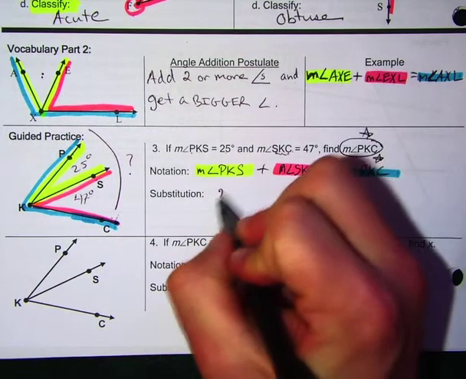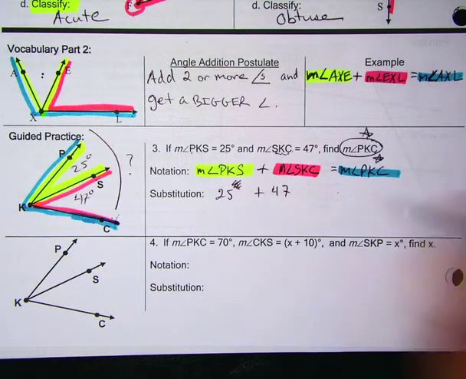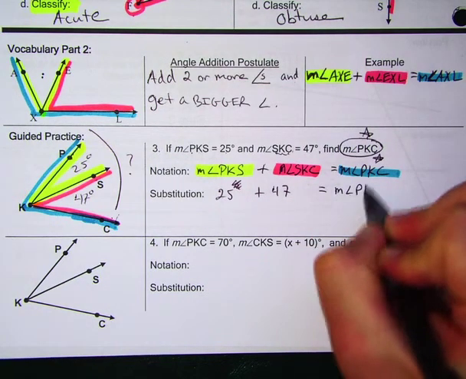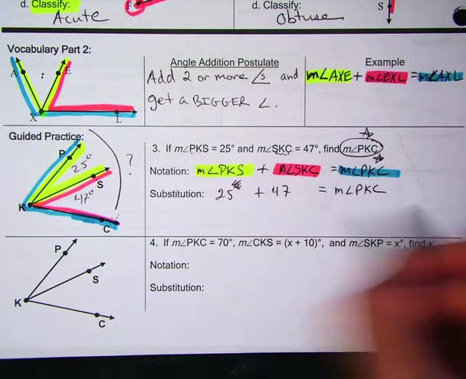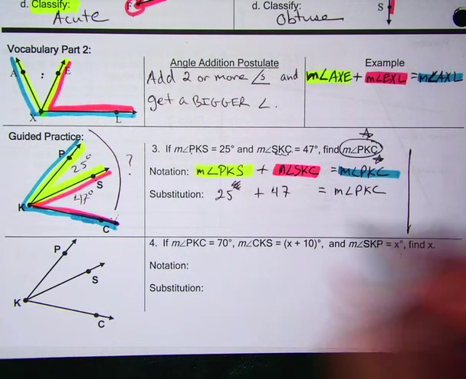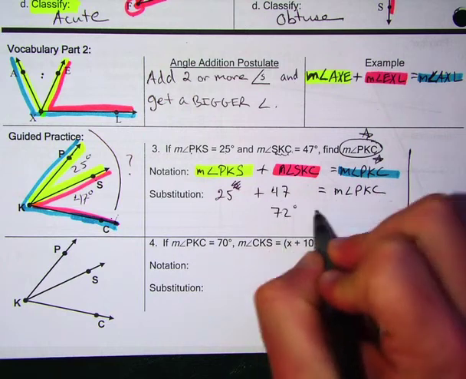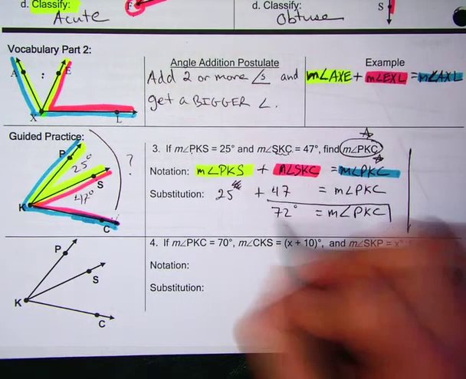So I'm going to substitute 25 degrees here, 47 there, don't need the degree symbol actually, and I'm going to leave this as the measure of angle PKC. That's my find, it's what I'm looking for. So if I add these up, any scratch work, go do off to the side, I should get 72 degrees as the final measure of angle PKC.